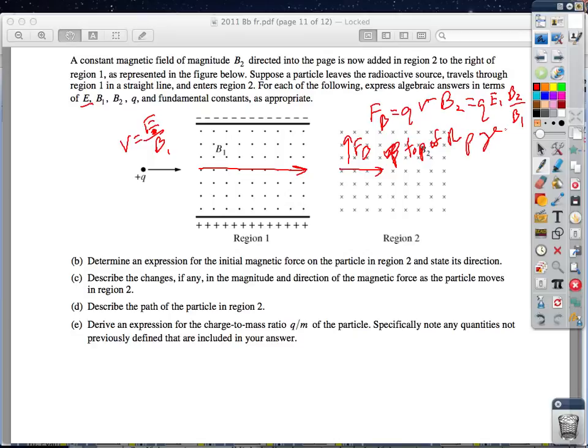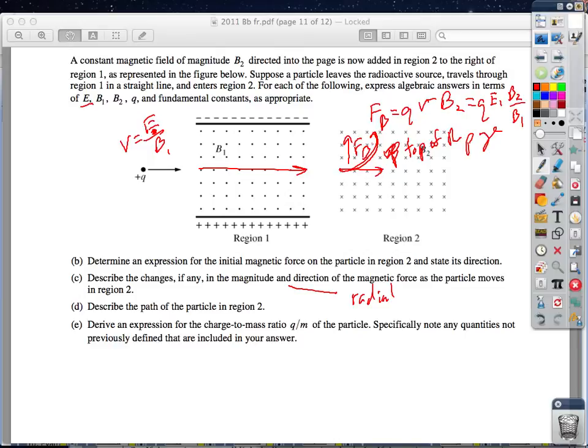And then C, determine how the magnitude and direction of the magnetic force change as the particle moves in region 2. Well, the direction of the magnetic force is radial, right? Or centripetal, center seeking. So it's going to want to go like that. It's going to want to make a circle.